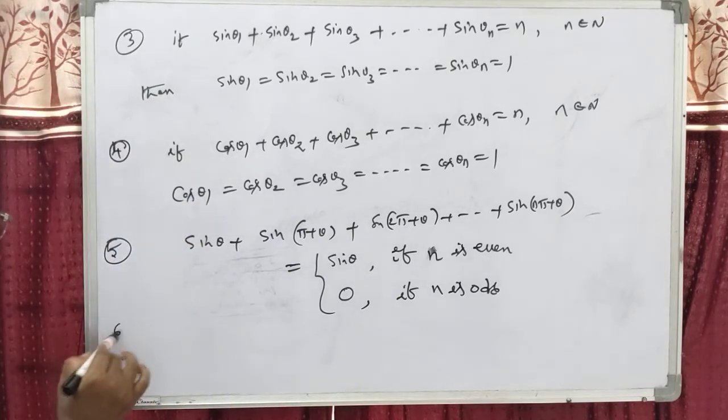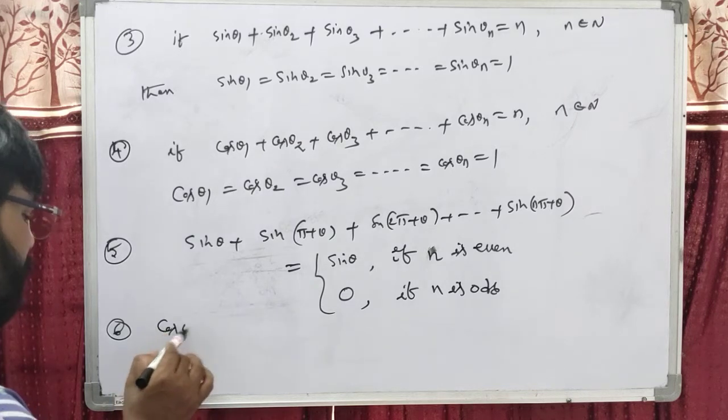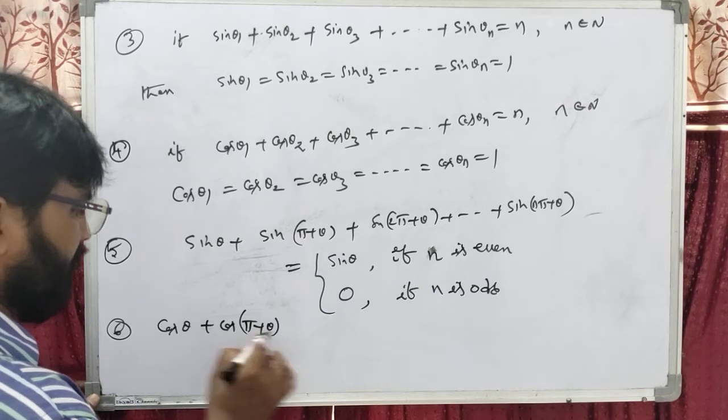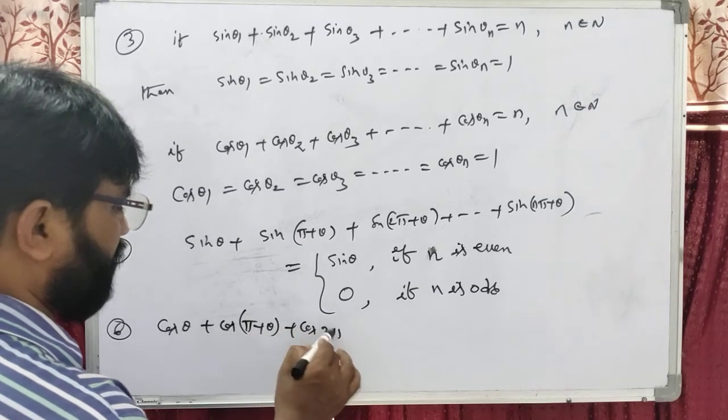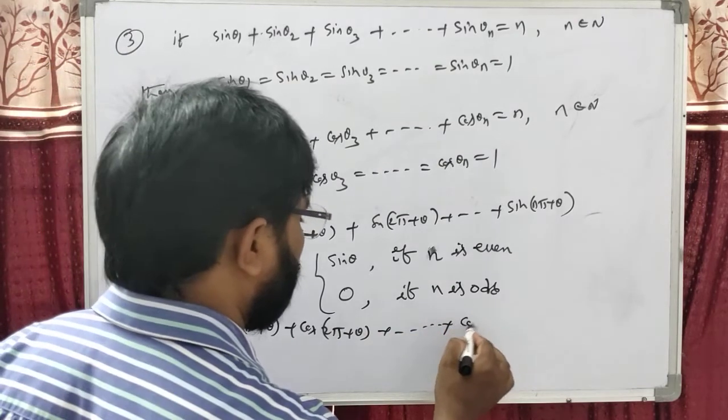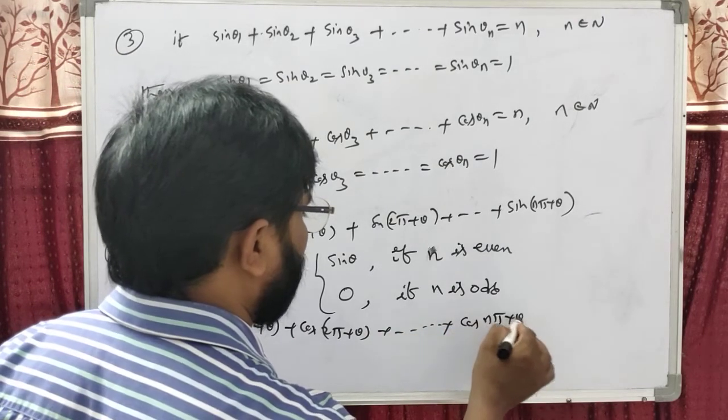Now we can take the sixth identity. The sixth identity: cos theta plus cos of pi plus theta plus cos of 2 pi plus theta, and so on, up to cos of n pi plus theta.